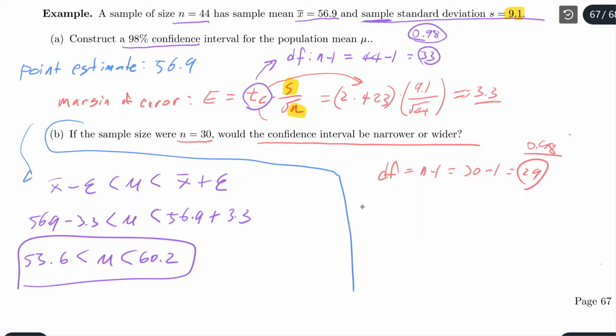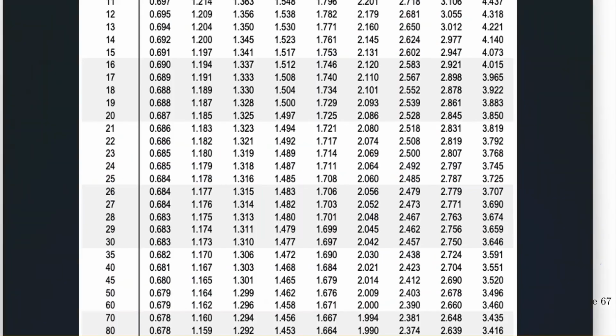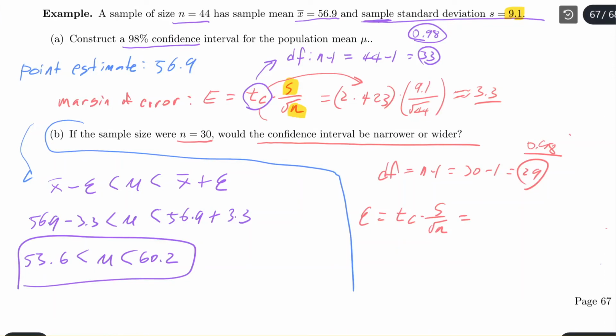Let's find the margin of error, because that's what we're trying to calculate. So let's find the critical value at 29 and 0.98. Yes, 2.462. That's the critical value. Multiply by 9.1 divided by the square root of 30.